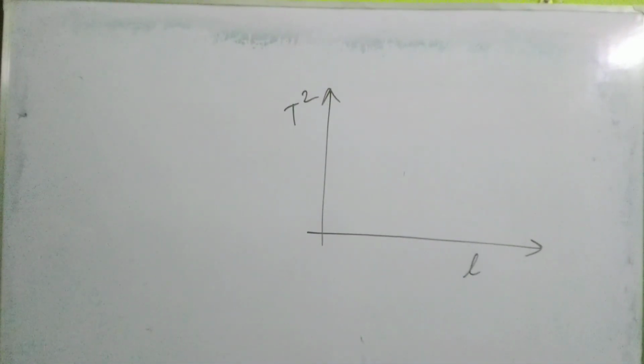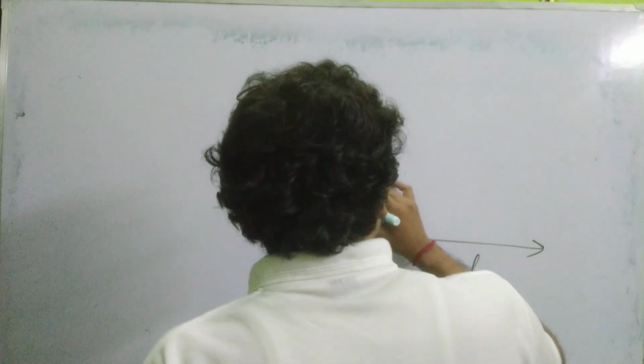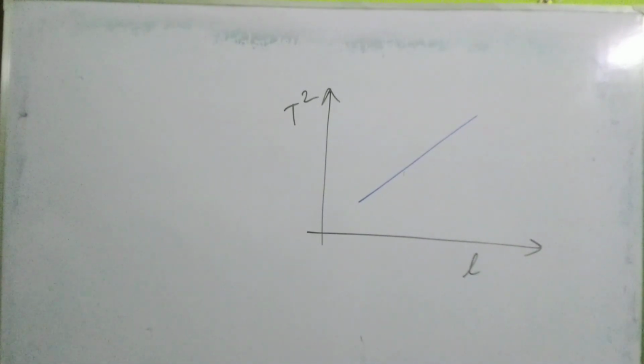Not the plotting of T with L, but rather T square with L, and it's simply a graph like this. A straight line.